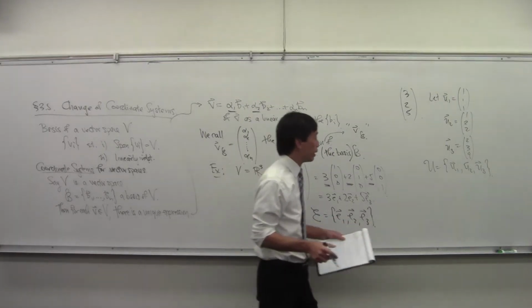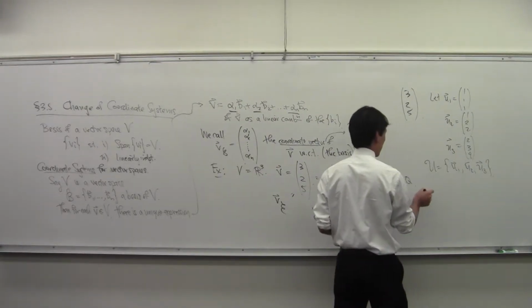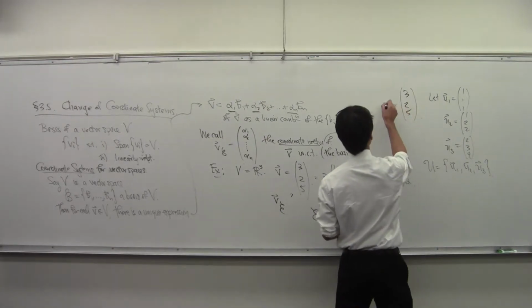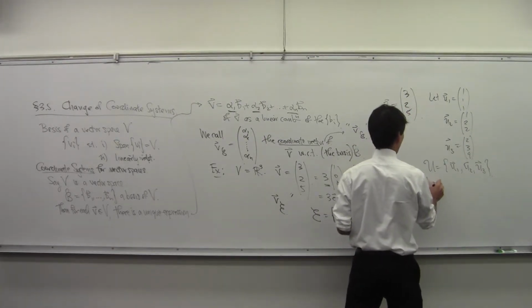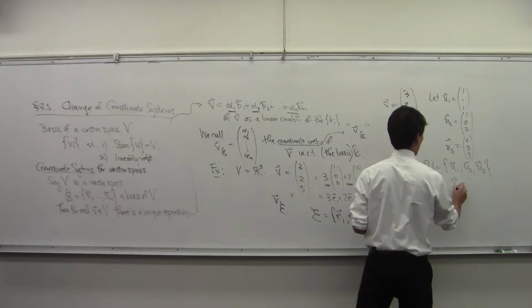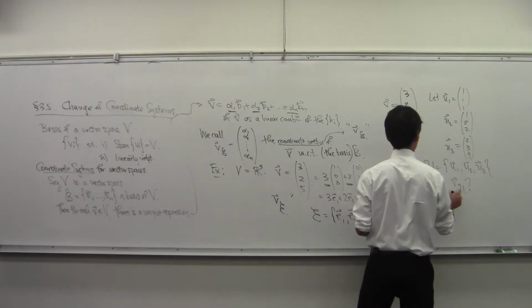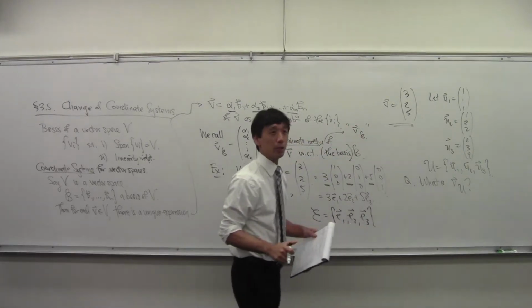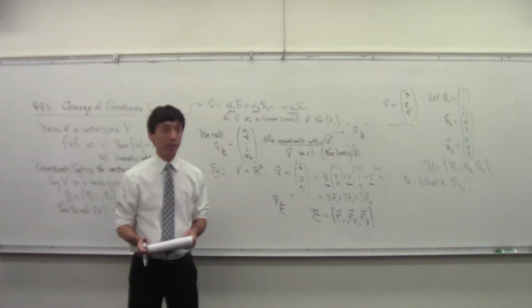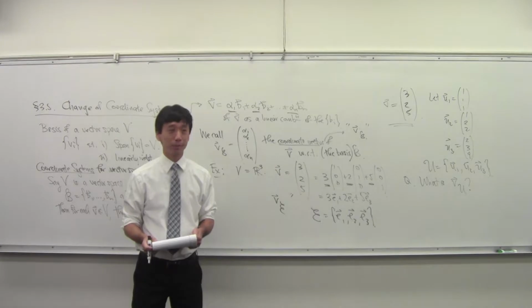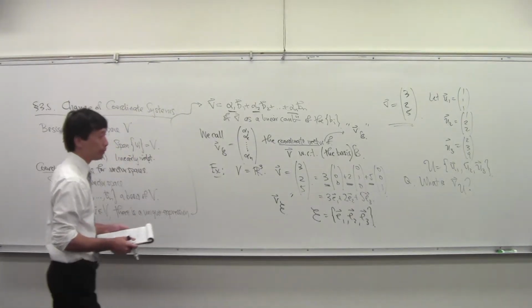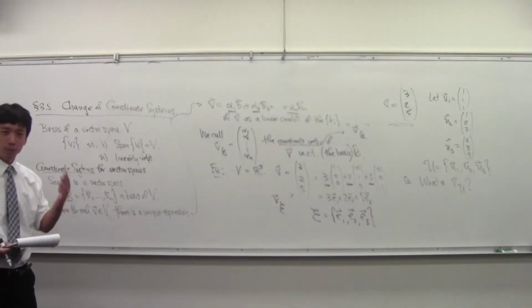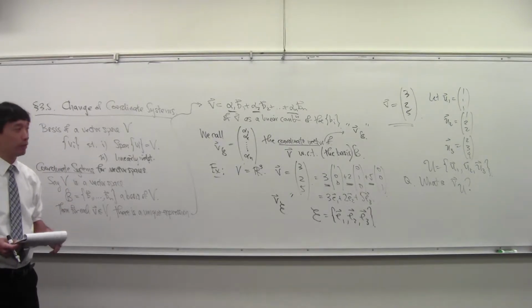Okay, and so I'm going to ask you the following question. What is V with respect to the U basis? What's the coordinate vector of this vector with respect to the U basis? Take a minute and see if you can figure that out. So think, what are we trying to do?